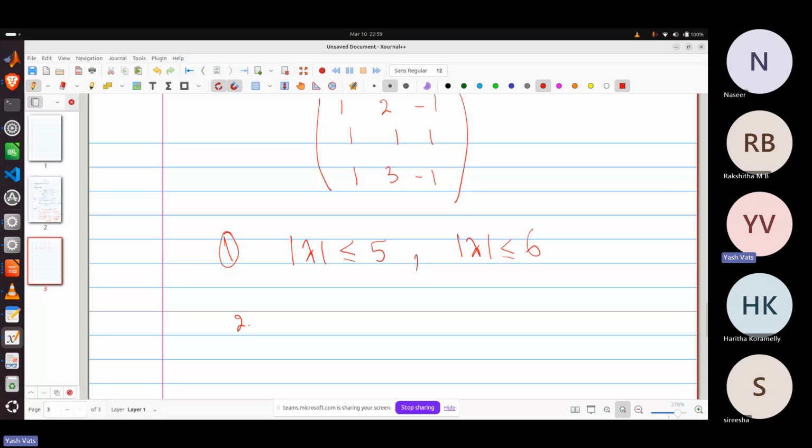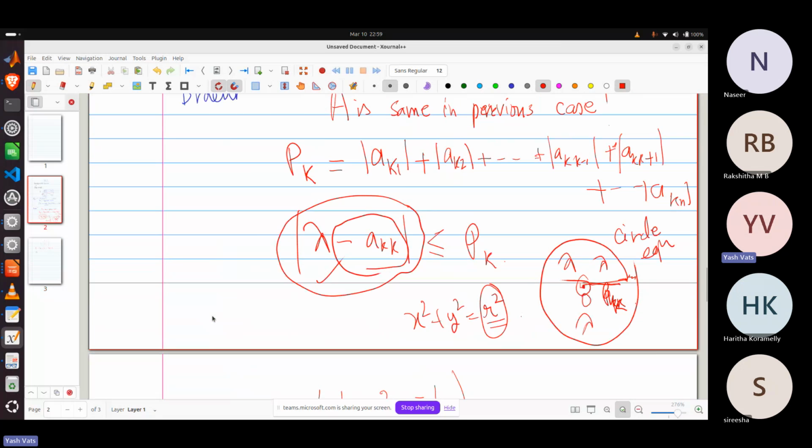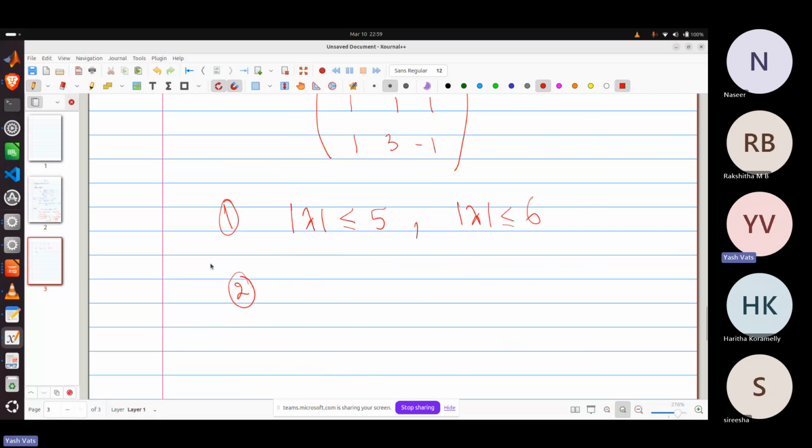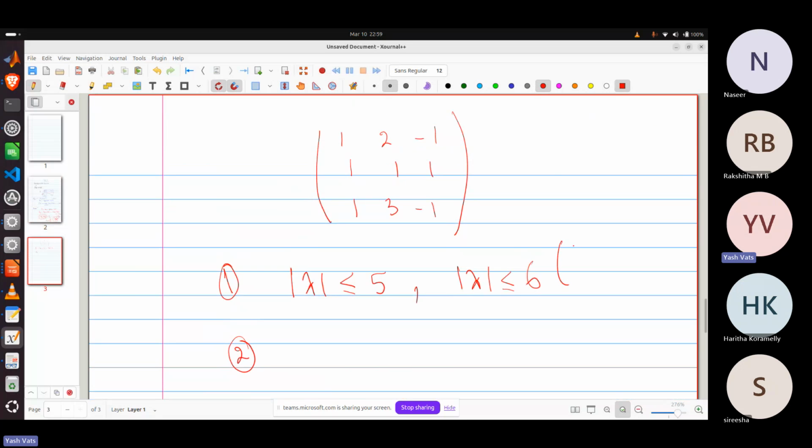Now second thing you have to check using Brauer. What is Brauer's theorem, which says this is by Gershgorin, and next is the Brauer's. So in this you will get mod lambda minus 1. So if you look at this element, then it is less than equal to sum of these two.